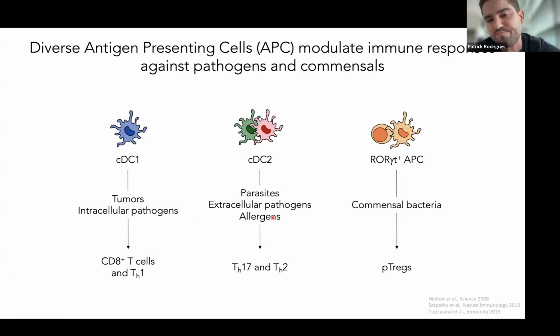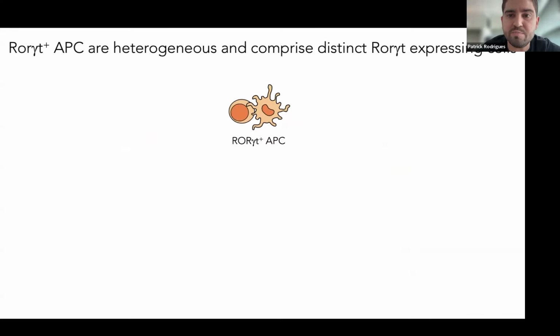In recent years, a novel subset of antigen-presenting cells was also found. These APCs were defined by the expression of Rorgt and were shown to be pivotal to induce peripheral Treg induction against commensal bacteria. So the Rorgt APCs were subdivided into two major fractions.